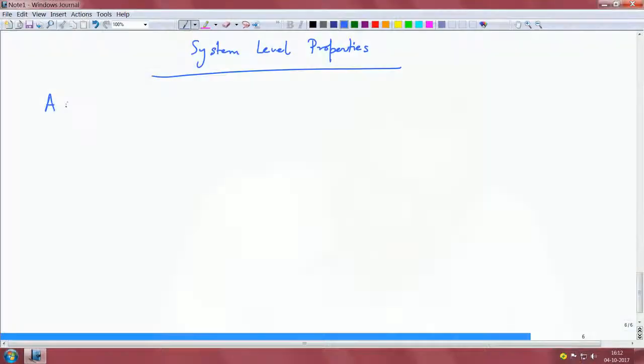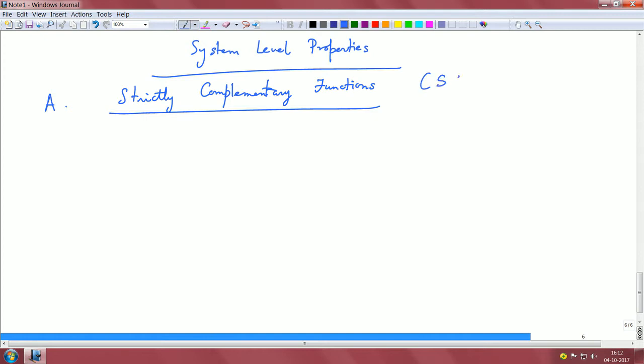So, the first property is strictly complementary functions. This is also called the SC property.